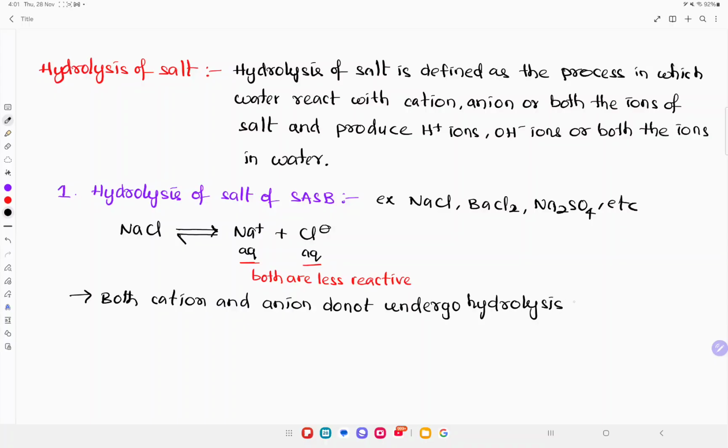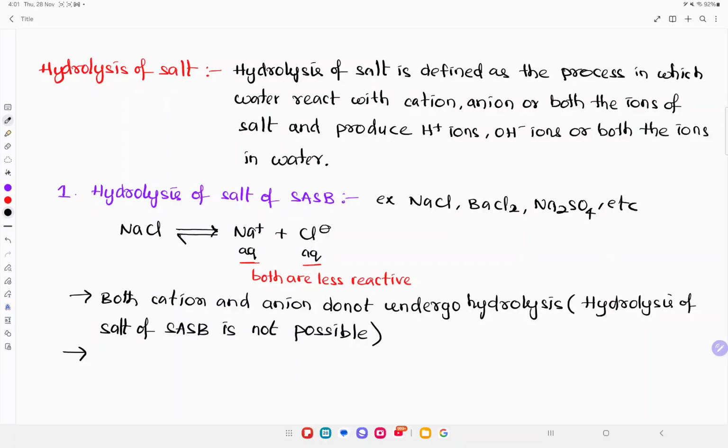It means hydrolysis of salt of strong acid, strong base is not possible, because the cation and anion of strong base and strong acid are less reactive, and both do not react with water. So hydrolysis of salt of strong acid, strong base is not possible.